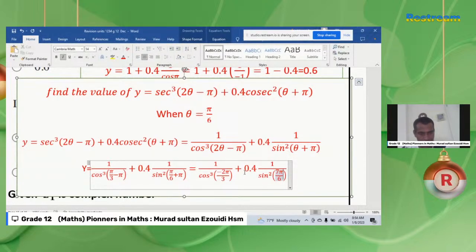multiplied by, between parentheses, 1 divided by sine square of 7 pi over 6.